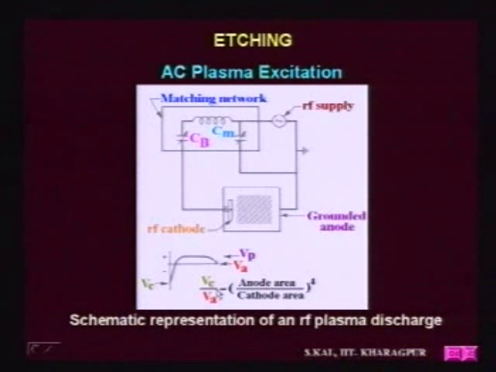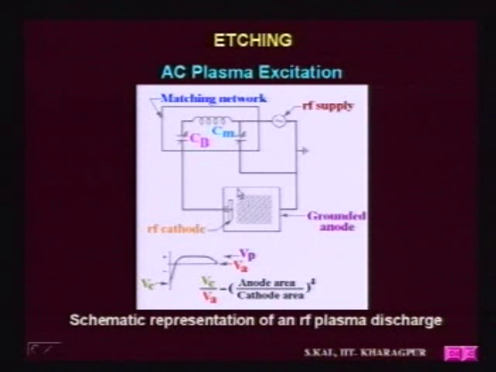The ratio of Vc by Va depends on the ratio of anode area to cathode area. Since the anode area is large compared to the cathode area, Vc, that means the potential at the cathode, will be extremely high; it goes as the power of 4.